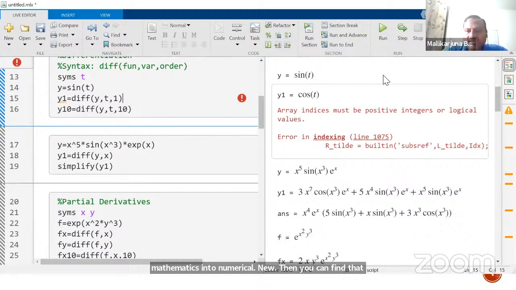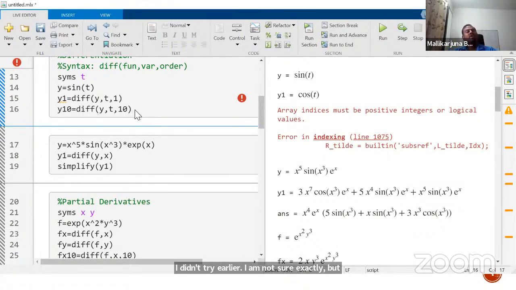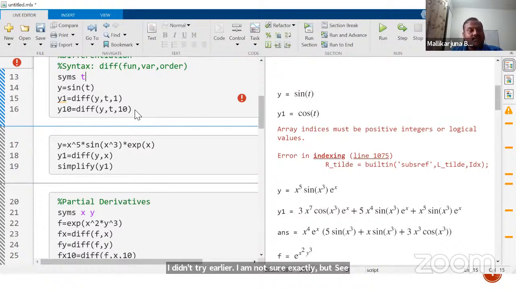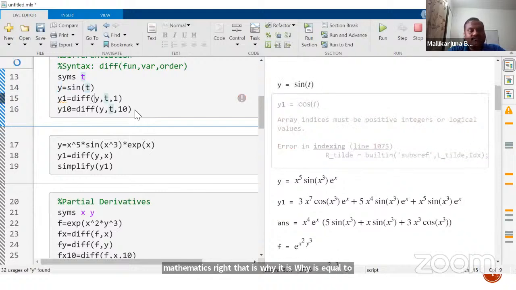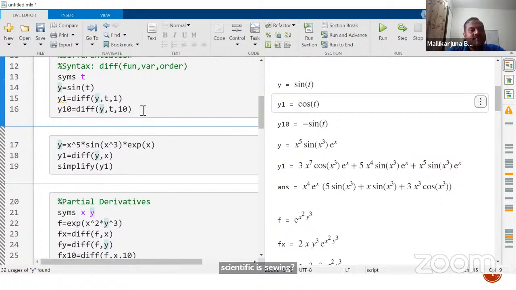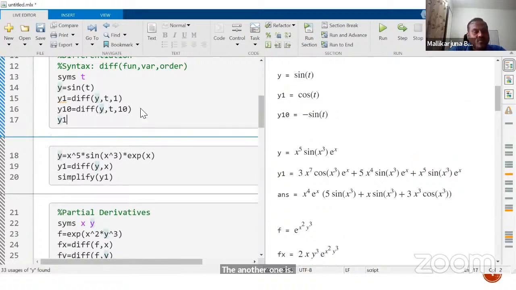I didn't try earlier, I'm not sure exactly, but see, this is y is equal to sine t. This is symbolic mathematics, right? That is why it is showing y is equal to sine t. The other one, I don't think you will get the Y1 value.